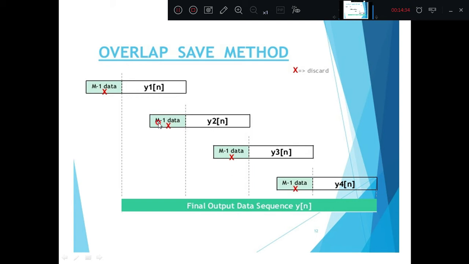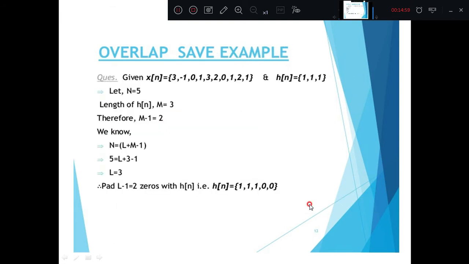What is this m? M is the length of the impulse response h of n. If the impulse response length is 3, then you have to discard m minus 1, that is 3 minus 1, 2 samples of each block. Here also you have to discard from y4 of n, and finally you will get the output y of n, right?